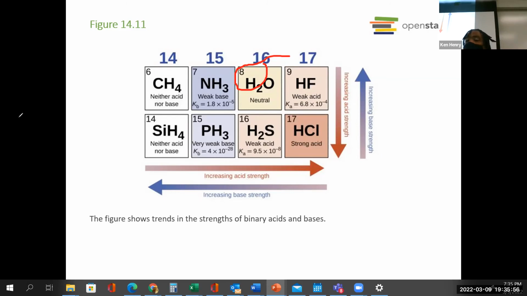Okay, so when we look at base strengths, as we go from right to left, acid strength increases. As we go from left to right, base strength is going to increase. So if hydrochloric acid is a strong acid, then the chloride ion is a weak base.